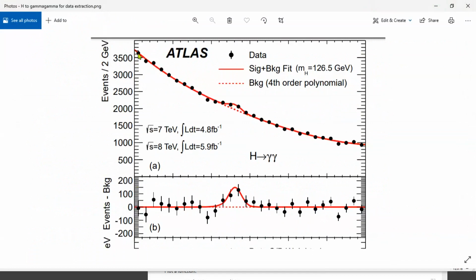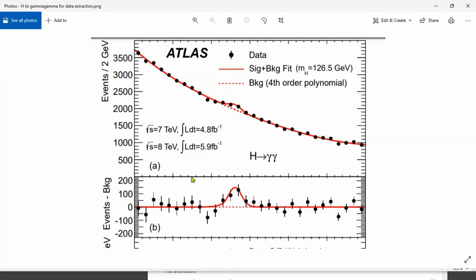So corresponding to the bin at say 101, I've taken the data point as well as the value of the solid line. The dotted line is the background, and this solid red line is the fit with the data points, I guess. So to get a better p-value graph, I took this one also.